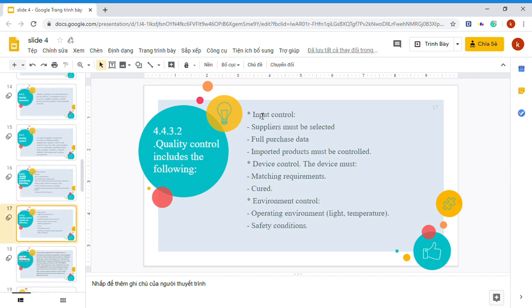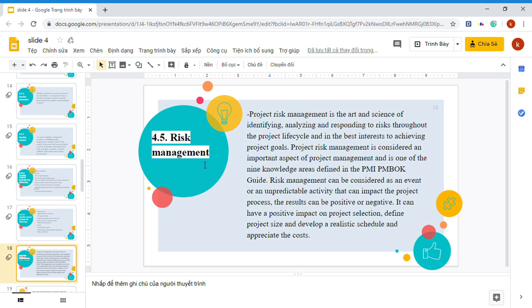Next is risk control and environment control. For risk management: risk management is the art and science of identifying, analyzing, and responding to risk to the project, in the best interest of achieving project goals.